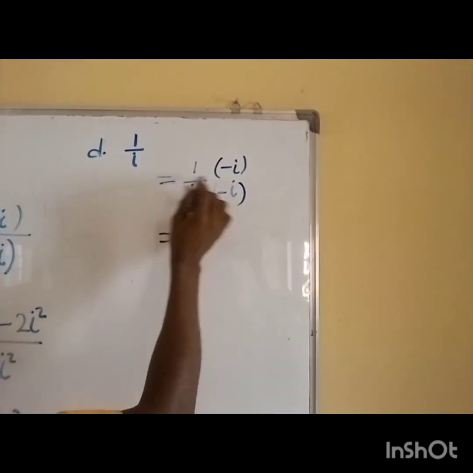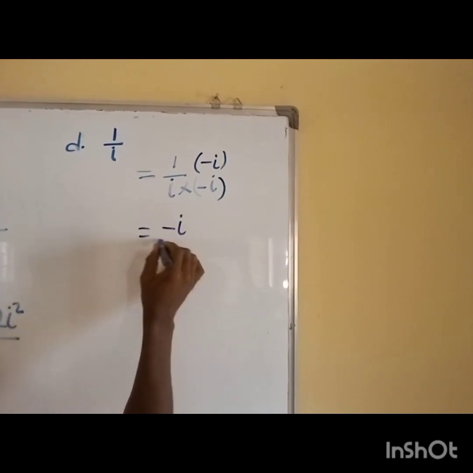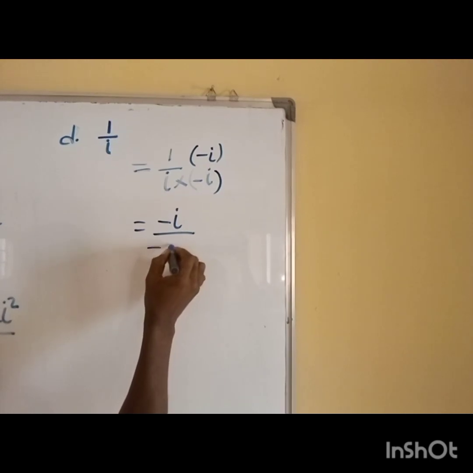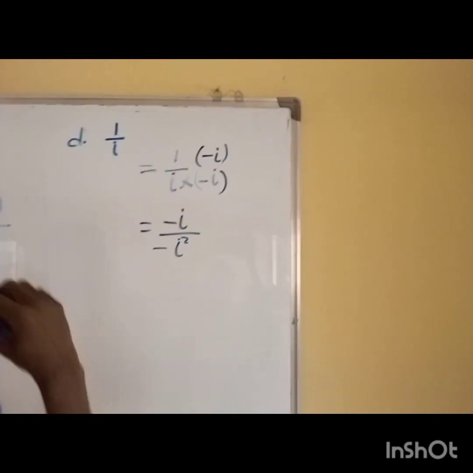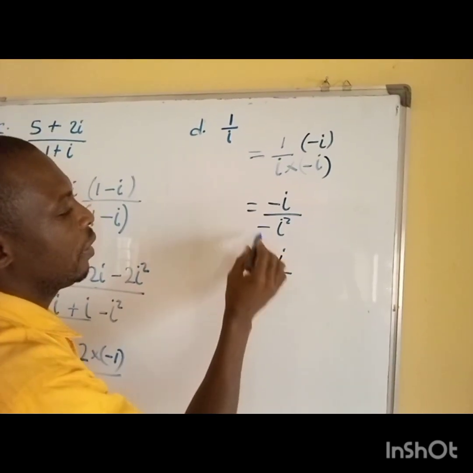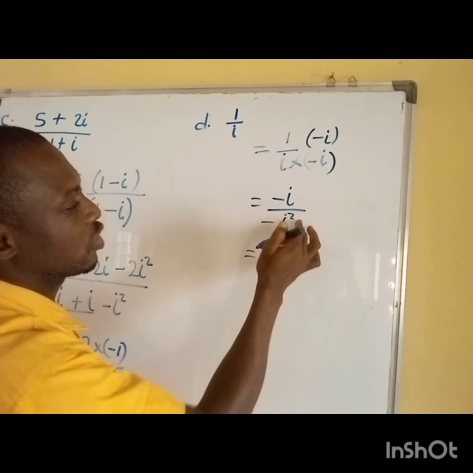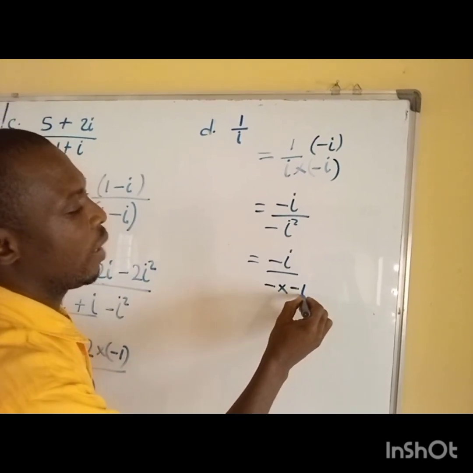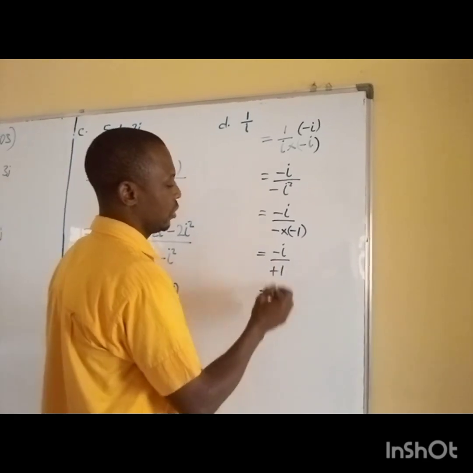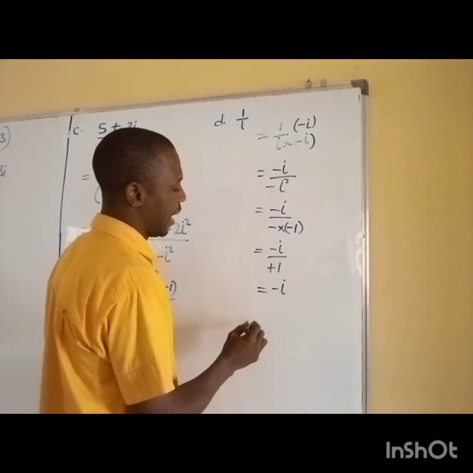So 1 times negative i is minus i all over i times i will give us i squared. Minus i all over minus 1, because i squared is minus 1.